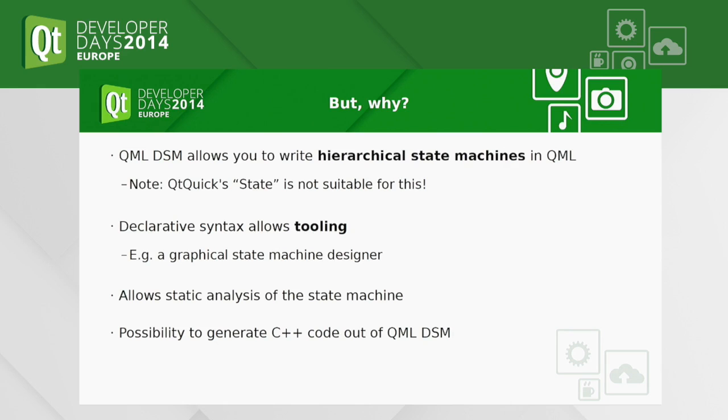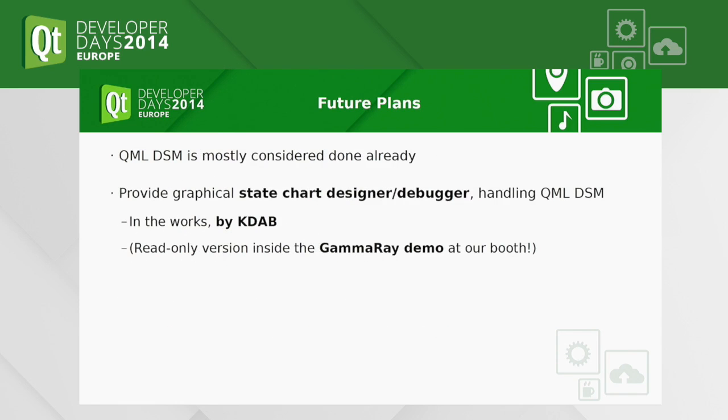So you can check if there are some states which are not reachable and stuff like that, and that you can do at compile time, actually. Another possibility is to generate C++ code out of QML DSM. So that's it about QML DSM.